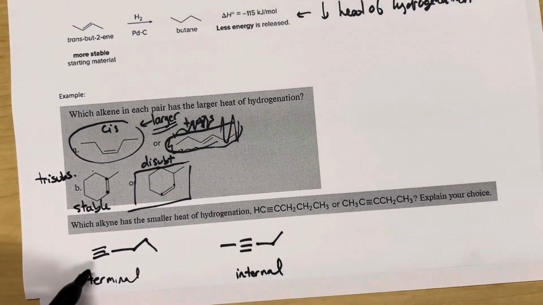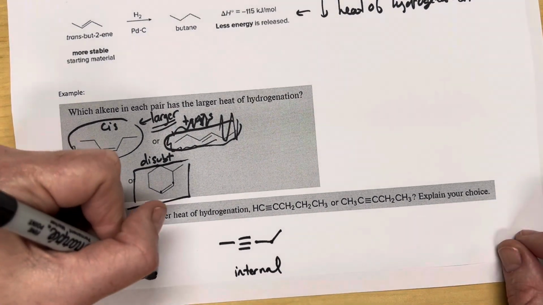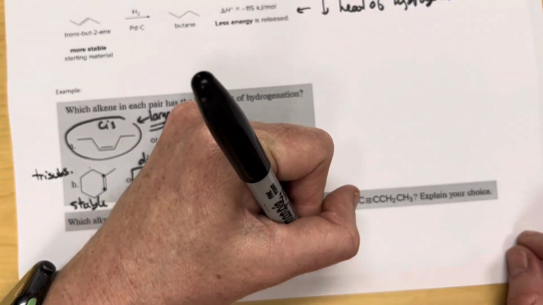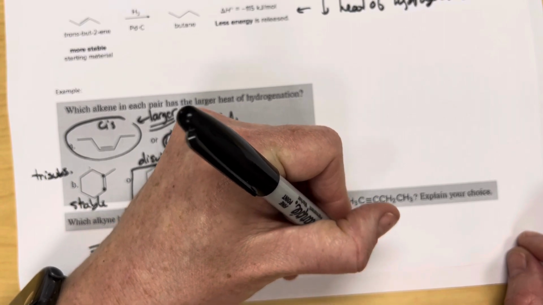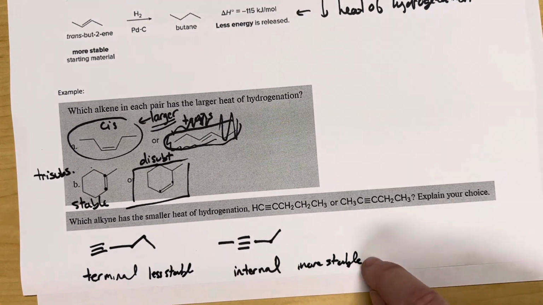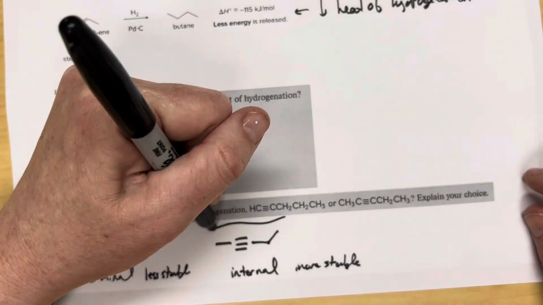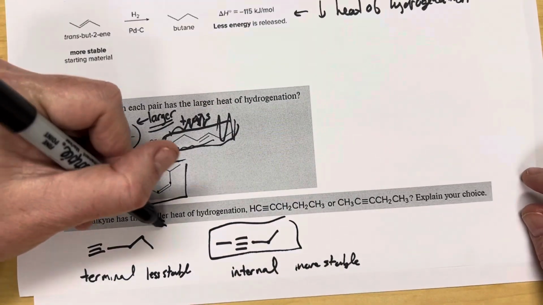The terminal alkyne is going to be less stable. The internal is going to be more stable. The same rules apply. If it's more stable, it takes less heat of hydrogenation, and therefore that would be your answer, because it's asking for smaller in this case.